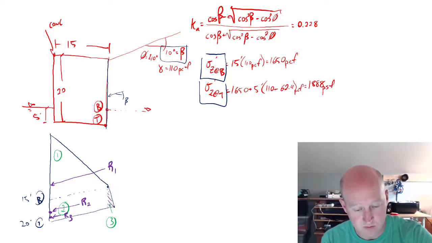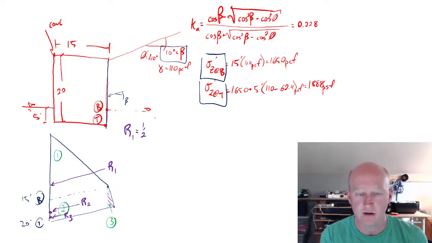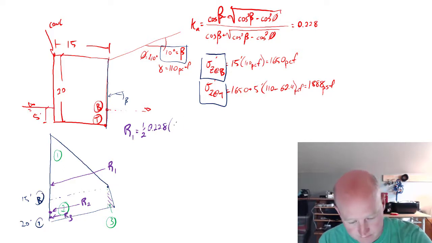So let's calculate those. R1, the calculation is going to be the area of a triangle. So 1/2 times the horizontal, or the active pressure. It's not horizontal pressure. So we're going to take the vertical pressure and multiply it by Ka. That's 1650.